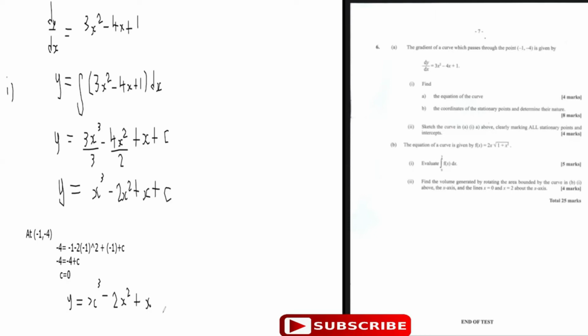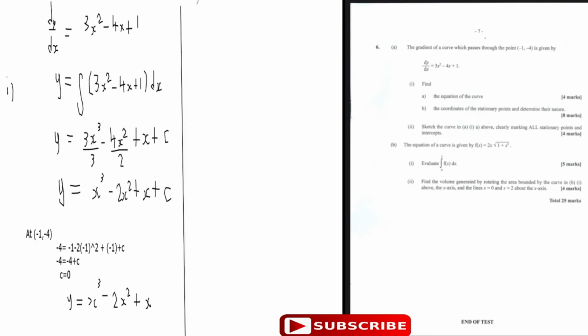Nice and easy. So now the second part of the question says, find the coordinates of the stationary points and determine their nature. To find the coordinates of the stationary points, that's no issue.